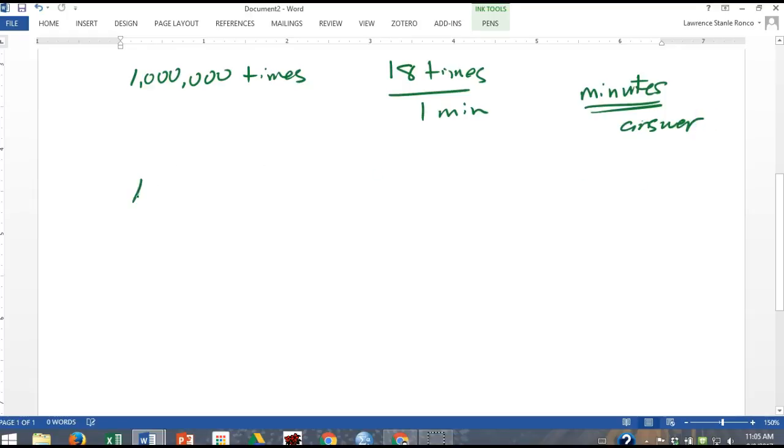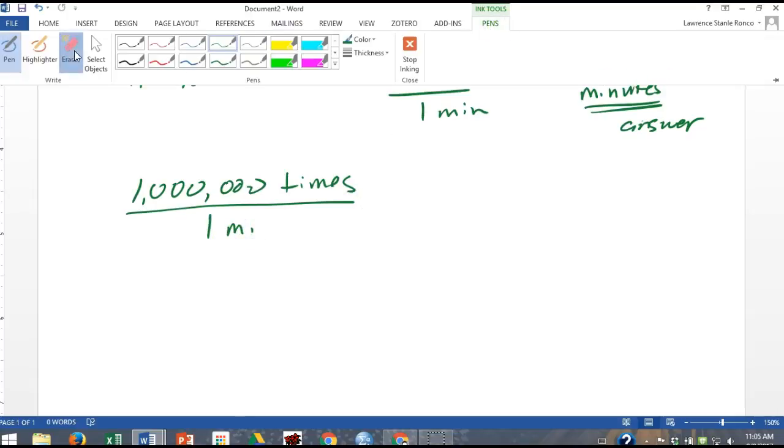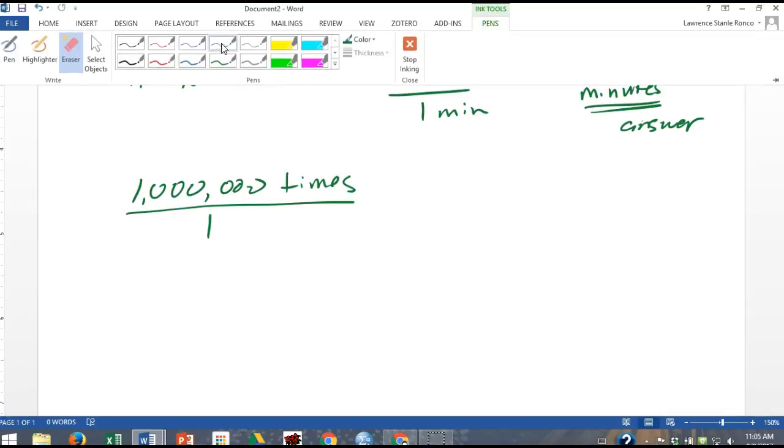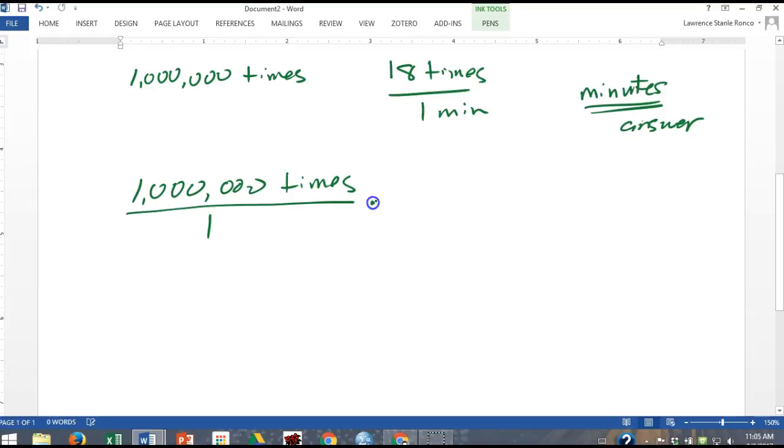So starting with the 1 million times, I just want to make sure that we recognize that it's a fraction. So 1 million times, and then I need to arrange this ratio here so that times will cancel out. So I do 1 minute over 18 times.